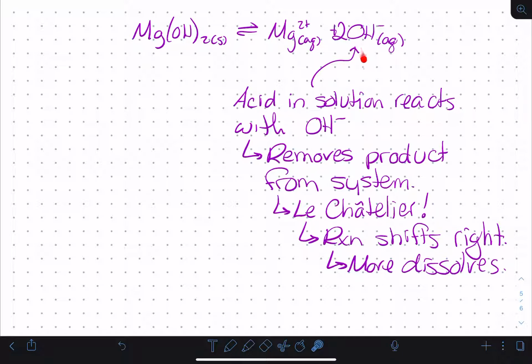If we take this away, our reaction is going to shift to the right in response, which represents more stuff dissolving. So salts containing basic ions are generally less soluble in base, more soluble in acid for this reason.